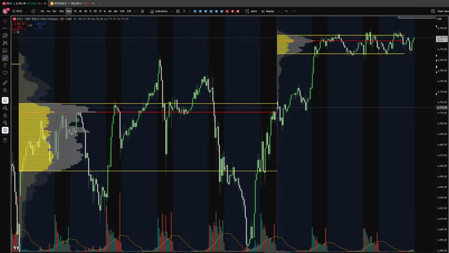This was midnight on Monday, so futures opening, and we dropped to retest this point of control area, we could call it. Because you see there's another high volume node here and another high volume node here, which makes the point of control. But price did come down to test this area.